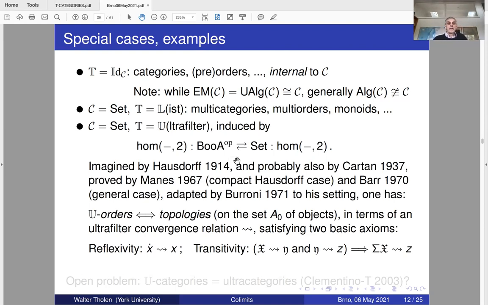And if you now consider internal orders in sets, these will be precisely topologies on the underlying set of objects in terms of ultrafilter convergence.